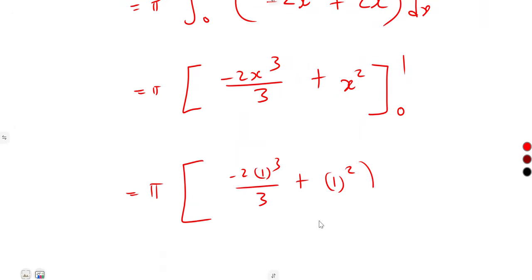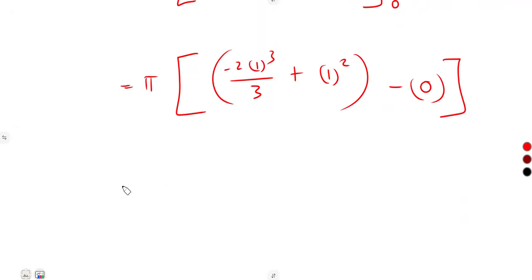1 squared. So this is our upper limit minus the lower limit. That's a 0 there. So this is simply going to give us 0. So let's simplify this. We're going to obtain the numerical value: minus 2/3 plus 1, which is a third.